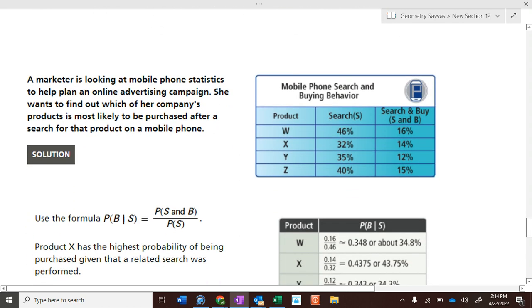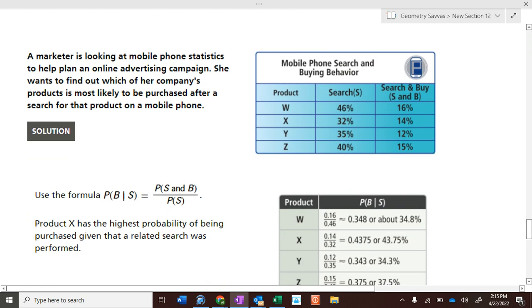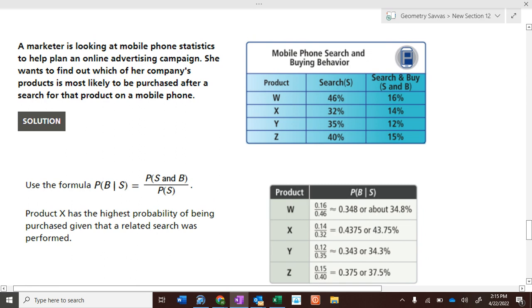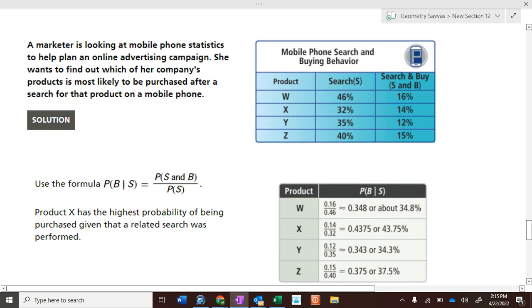Okay. All right. A marketer is looking at cell phone statistics, trying to figure out which is the best model basically to push. Now, 46% of the population of the country searched for a certain type of phone, which is brand W. Of those 46%, 16% also bought the phone once they searched that phone.